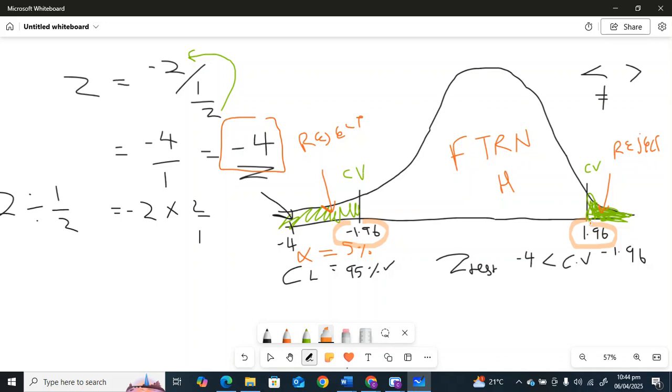When your confidence level is 95%, then your critical value is 1.96, positive and negative.